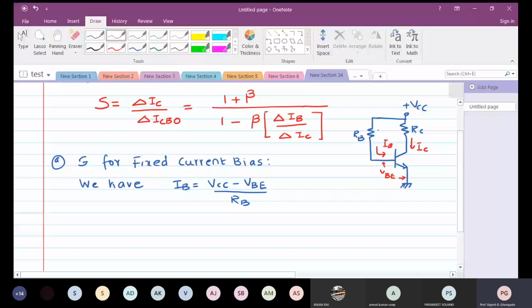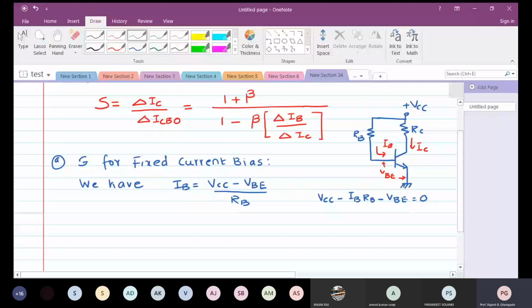So if we apply the equation at the input side again, just to have a recall, you can write an equation at the input side using KVL, and that we can do as VCC minus IB RB minus VBE equal to 0.